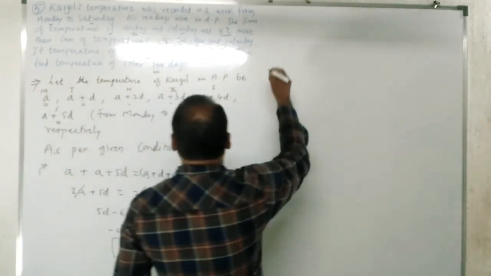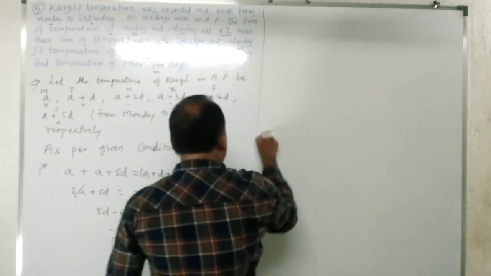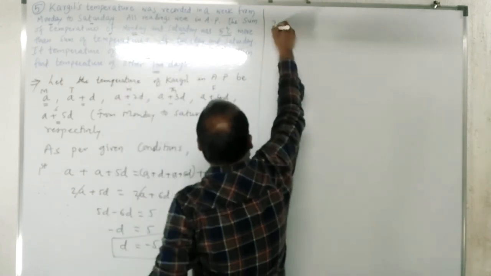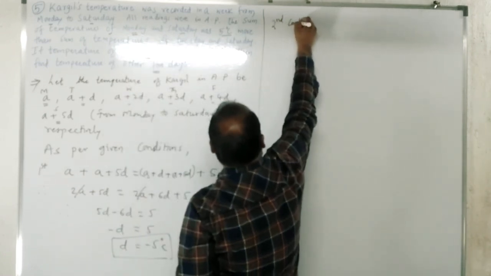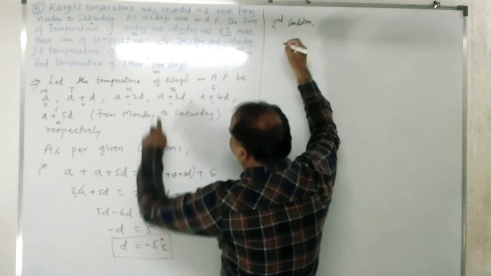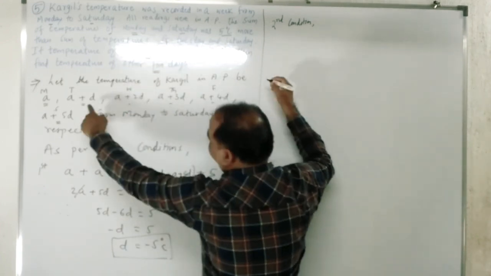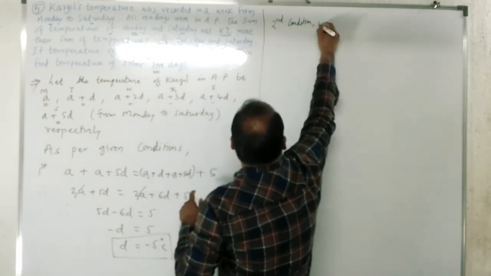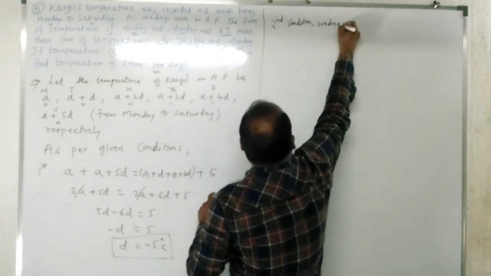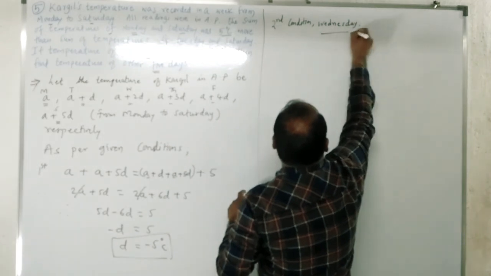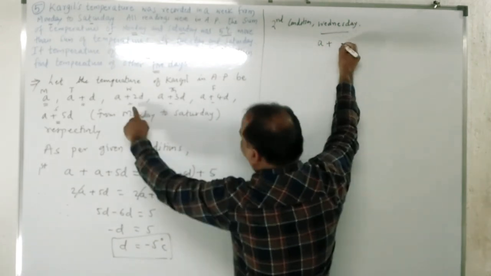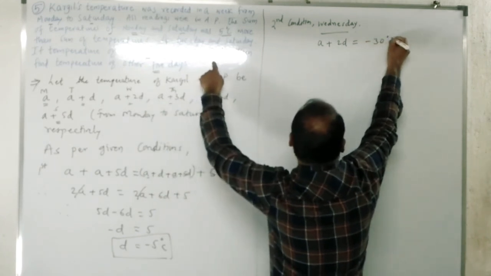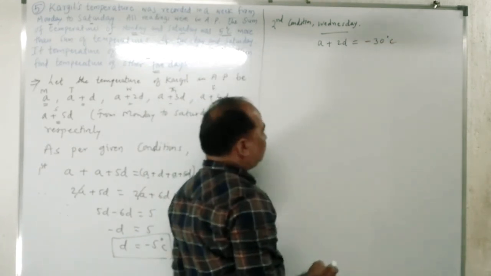Now, the temperature of Wednesday, second condition. The temperature of Wednesday, A plus 2D, is equal to minus 30 degree Celsius.